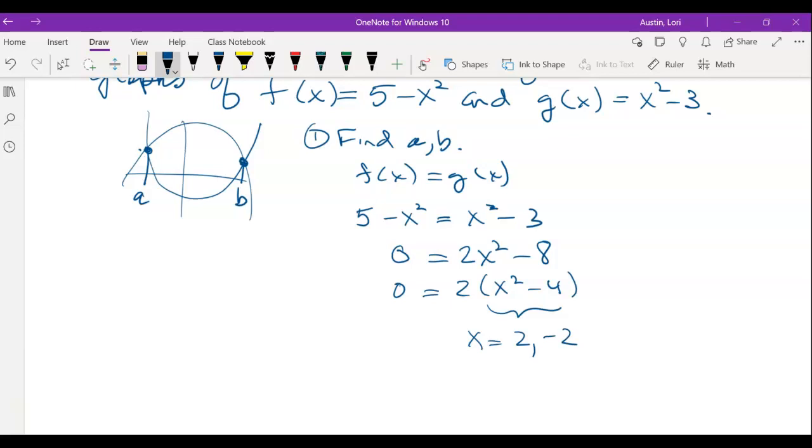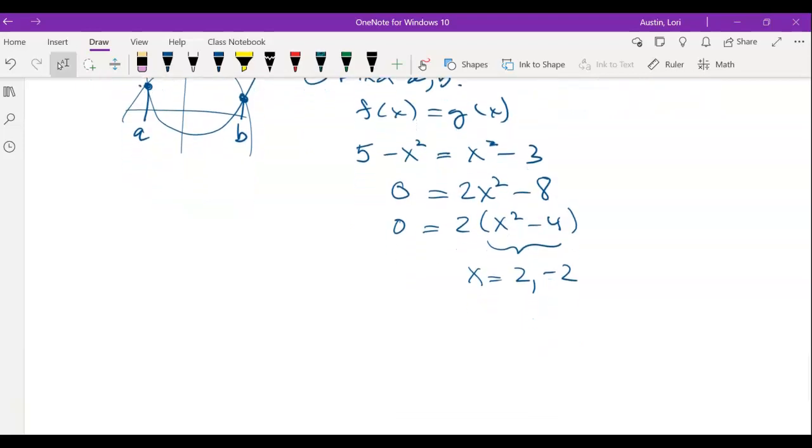Oh, algebra 1, actually. Where does it equal 0? 2x squared minus 8. Take out the 2. Now I've got to figure out x squared minus 4, which is x plus 2 times x minus 2. What are the two values that make it go to 0? 2 and negative 2. So what are my a's and b's? I'm going from negative 2 to 2. Now I know what I'm doing.